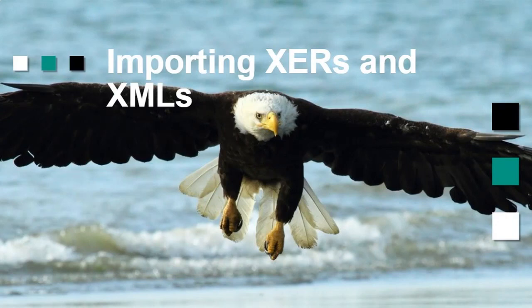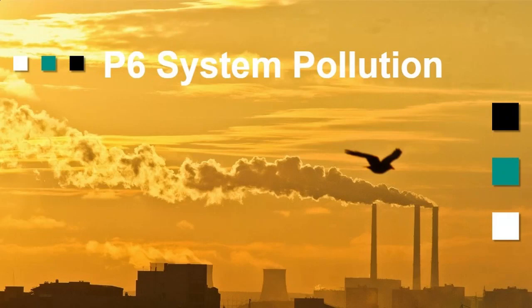The idea here is we're trying to keep our P6 system clean, not pollute it with all sorts of stuff from other people's databases, and also not only pollute it, but also clashing. Okay, so you could get clashing or overwriting, which is a really potentially big problem. And Sue will talk about how we deal with that.